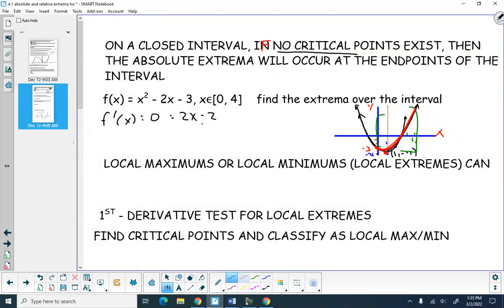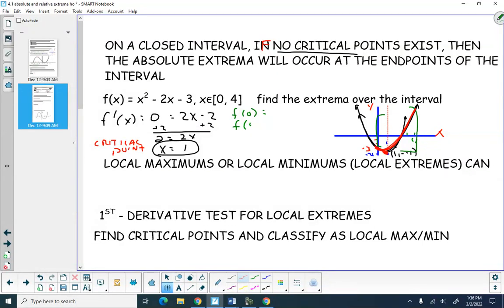Solving for x, we can add 2, so 2 is equal to 2x, so x would equal a value of 1. So we have a critical point at this value of 1, which is this bottom value right here. It's the vertex of the parabola.